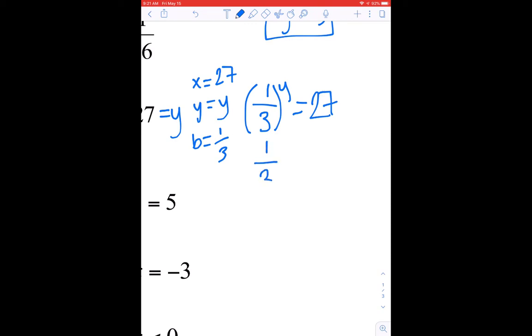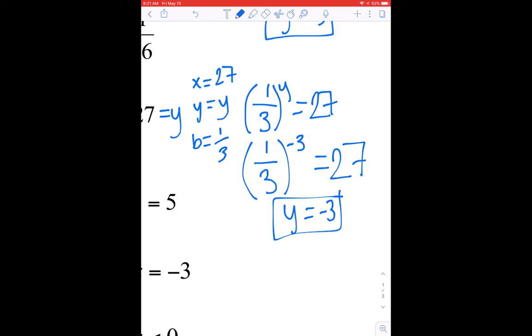Okay, so 3 to the third power equals 27. So I know that 1/3 to the negative third power would equal 27, because the negative flips the fraction to be 3 to the third. Okay, so my y equals negative 3.